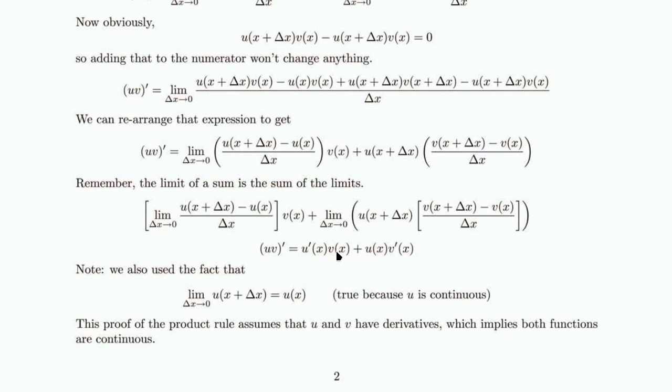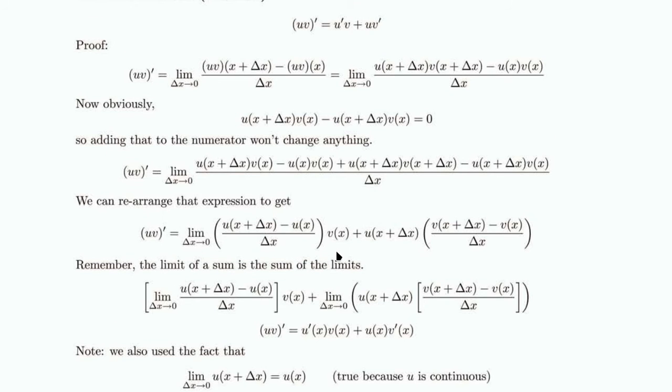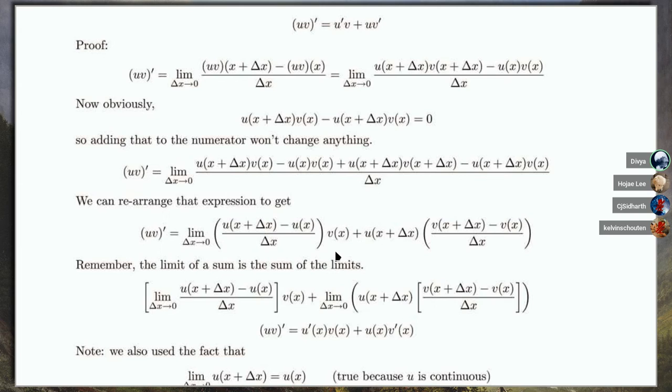But what is more interesting is, if you think about it, let me ask: how do you think about multiplication of functions? What does it mean to multiply two functions?